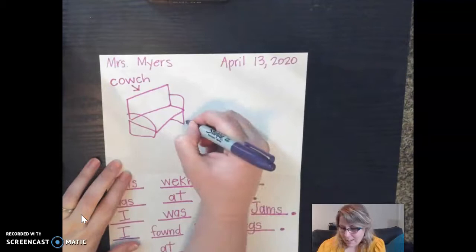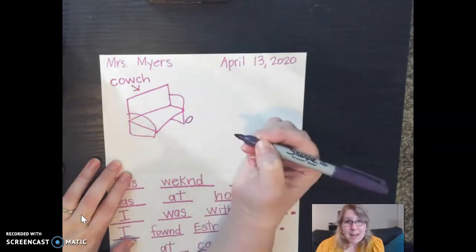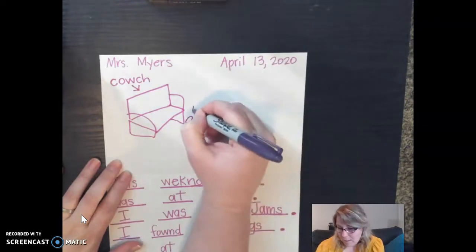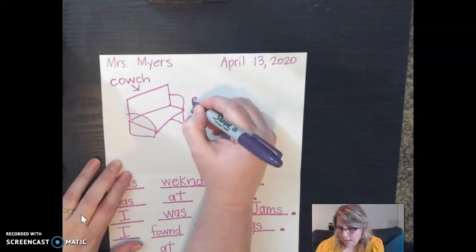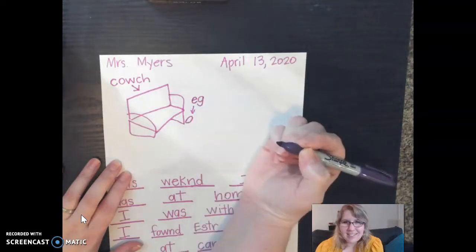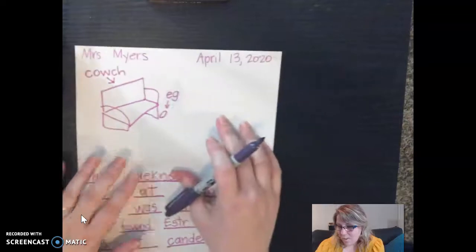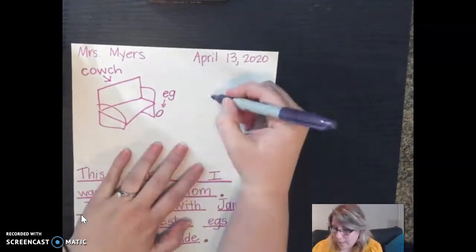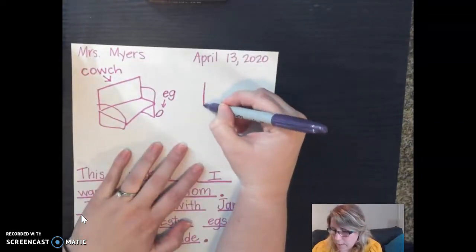Now I'm going to draw a picture of where I found one of my eggs. It was hiding over here beside my couch. So I'm going to label it egg. Now also in my living room, I have a TV. So I'm going to draw a picture of a TV.